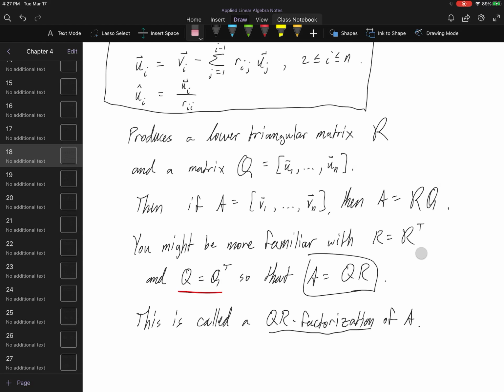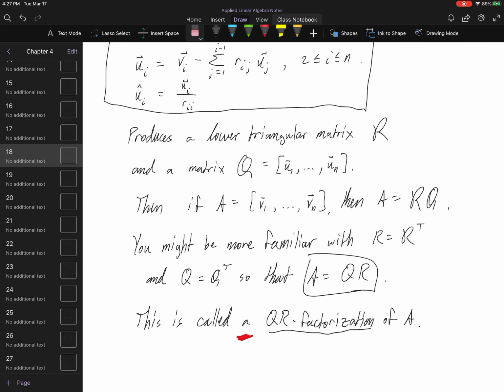That flips the order on us a little bit, and we wind up with a new way of representing this matrix as a Q times R multiplication.